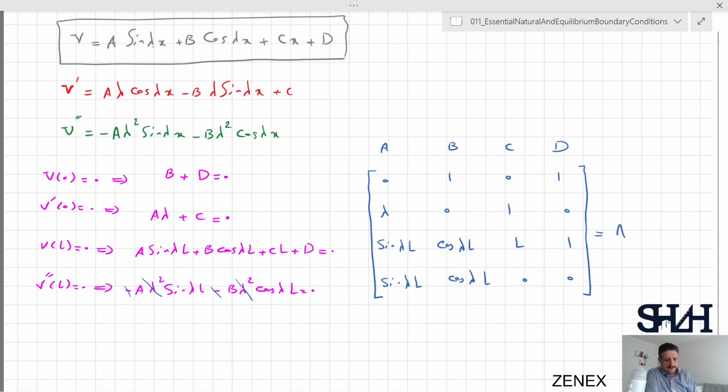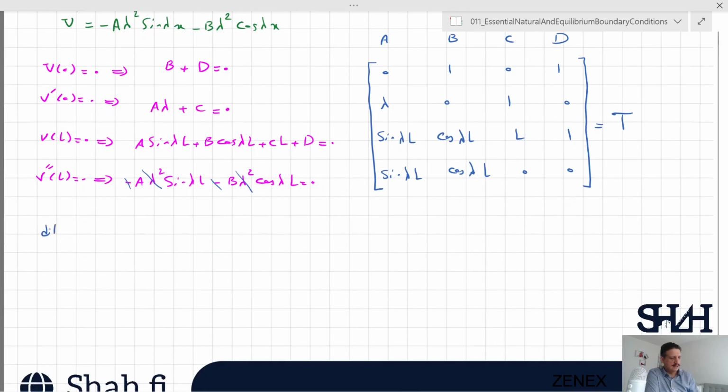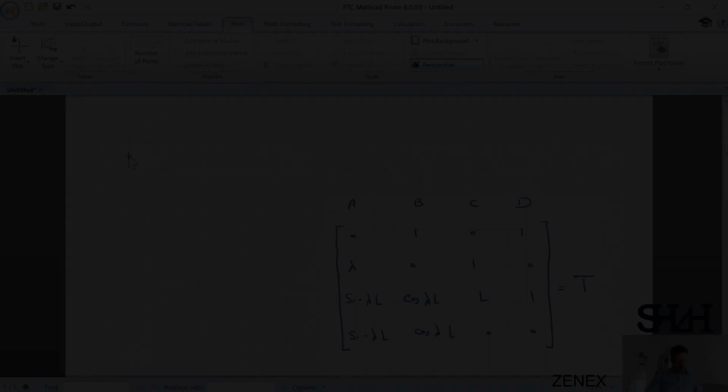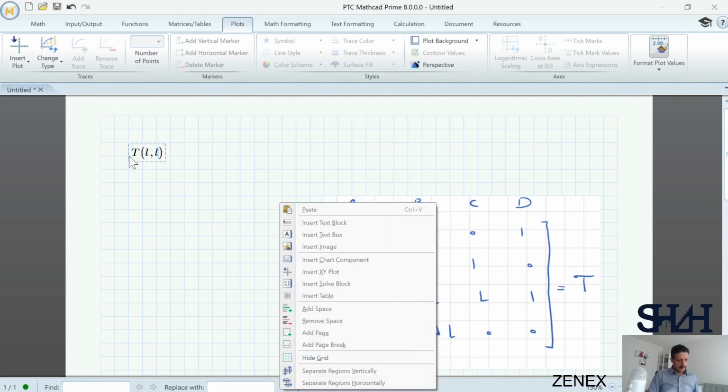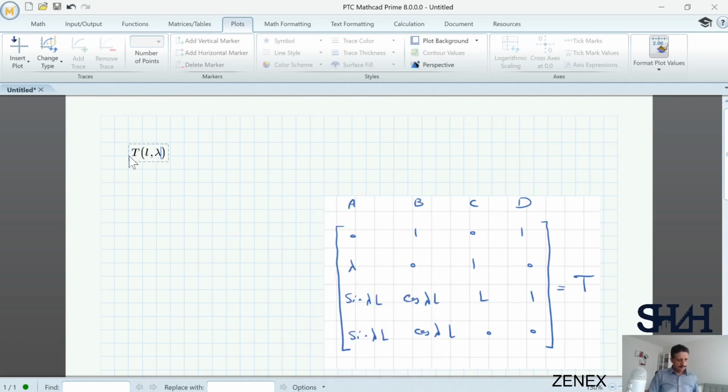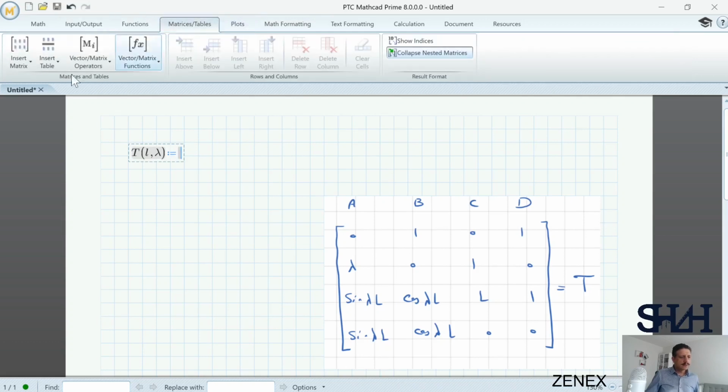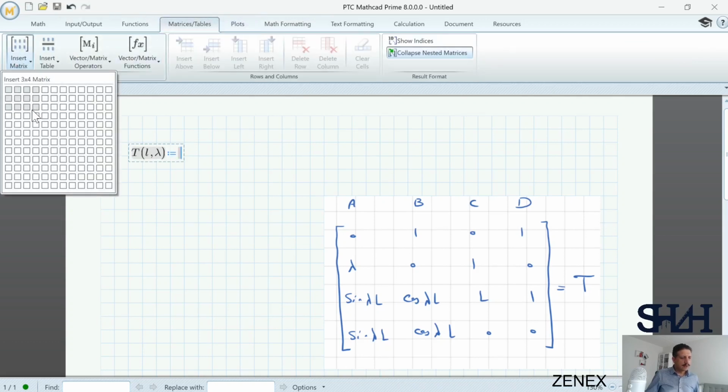If this is matrix T, then the determinant of matrix T should be 0. T is a function of L and lambda, equal to a 4 by 4 matrix.